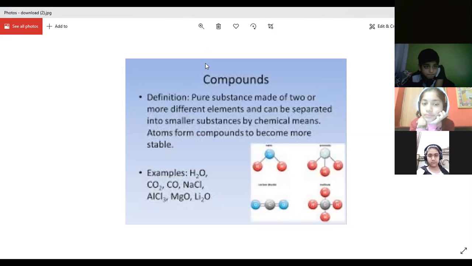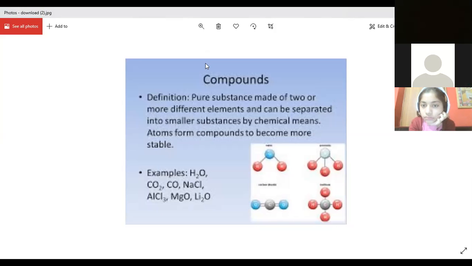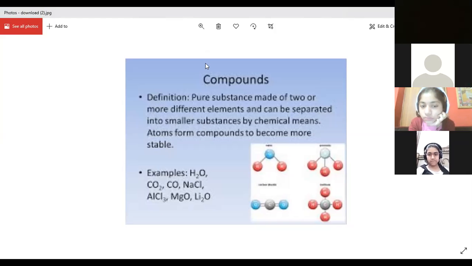All right. Whenever two elements are combined together in a chemical reaction, and a new substance is formed, that new substance is said to be your compound. Again, I'm repeating for you: whenever any two elements combine and produce a different kind of substance, that substance is known as a compound.